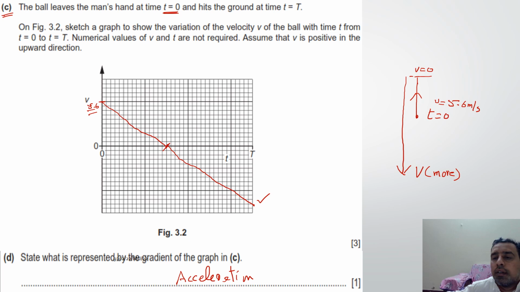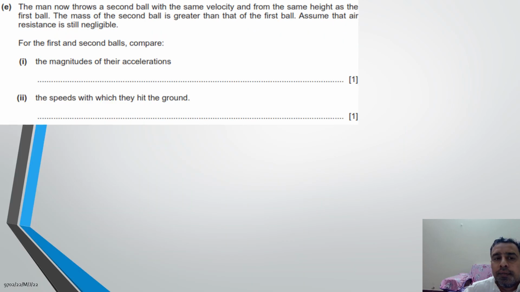Moving towards next slide. This is part E. The man now throws a second ball with the same velocity and from the same height as the first ball. The mass of the second ball is greater. Now the mass is going to change, and assume that the air resistance is negligible. This is the most important thing, there is no air resistance involved.